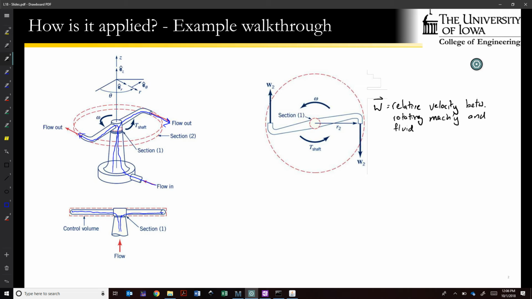At the same time, the sprinkler head is rotating, it's spinning around, and so we would define another velocity, u.